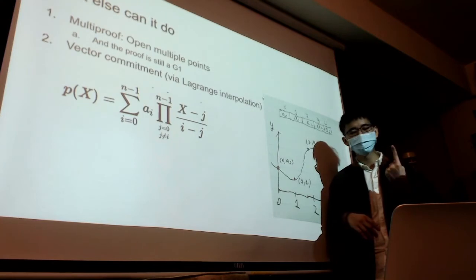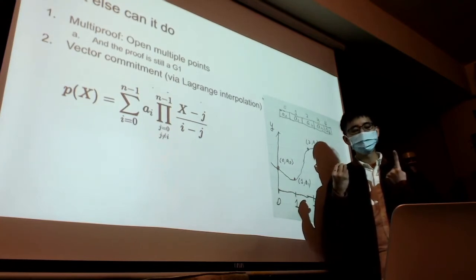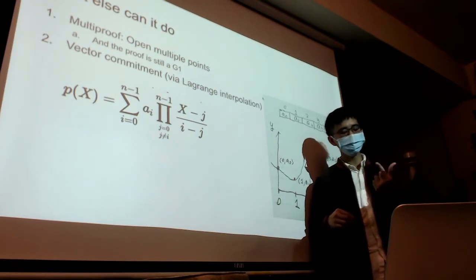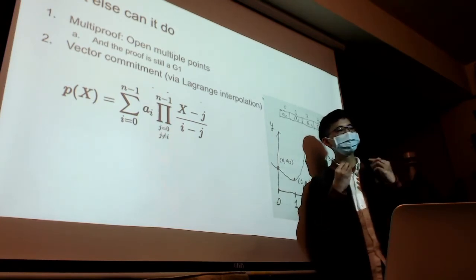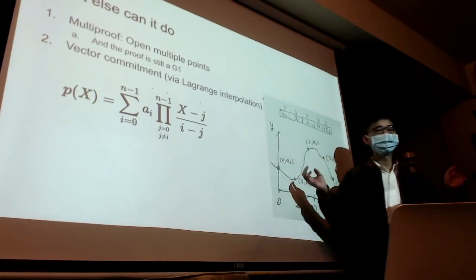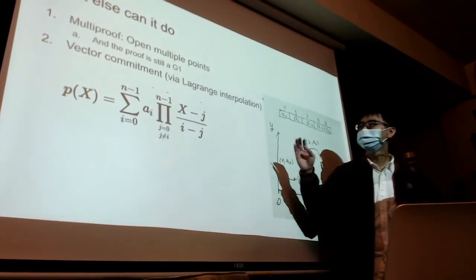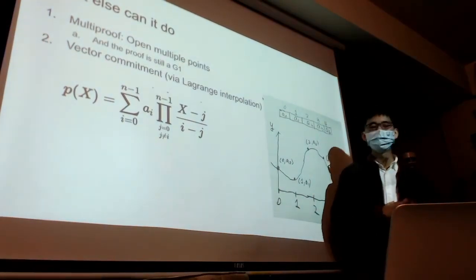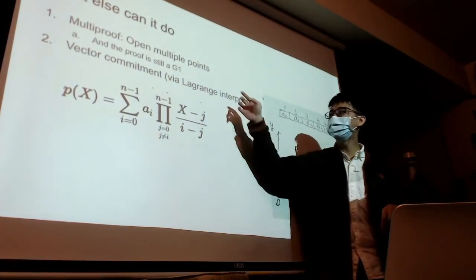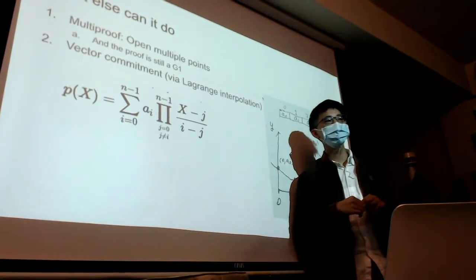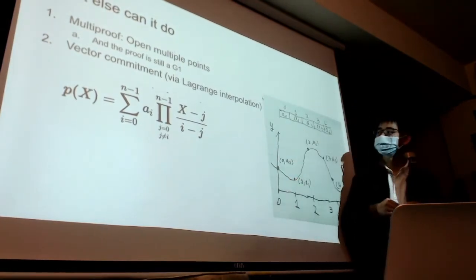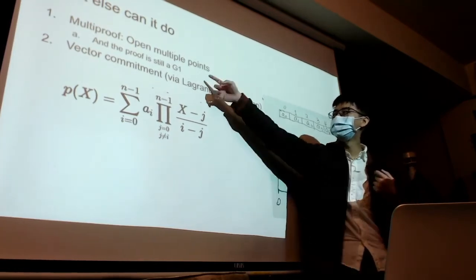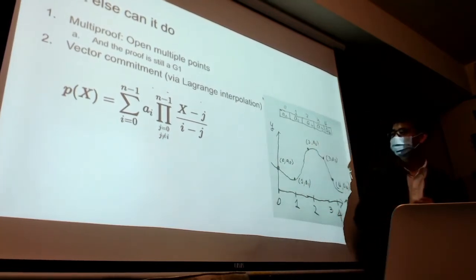You prove 1 point, you need to take 32 hashes. If you prove 10 points, you need 10 times 32 hashes. But if you want to prove 10 points in a polynomial commitment, or maybe a million, a single G1 element is all you need. So the opening is very cheap in this way.